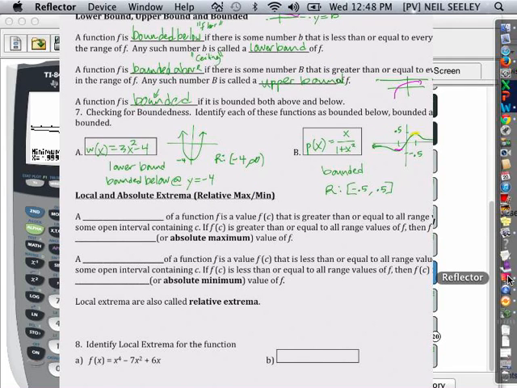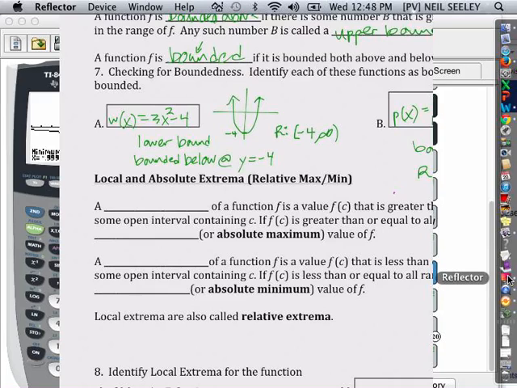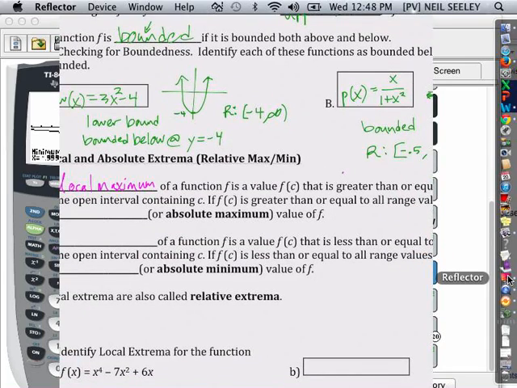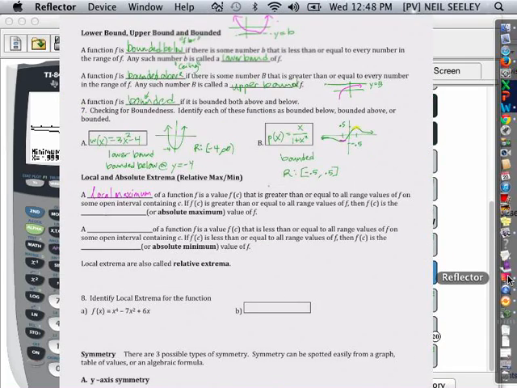So let's go pink again. A local maximum. Okay, is a function value f of c of a function f that is greater than or equal to all the range of values in some open interval containing c.